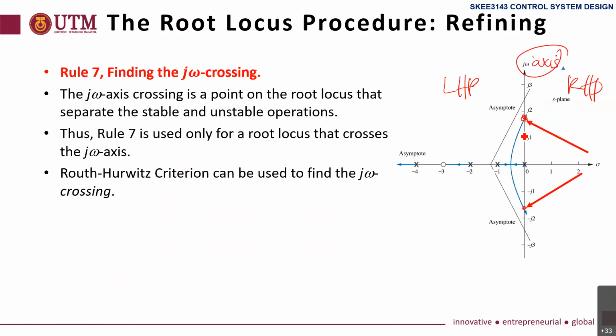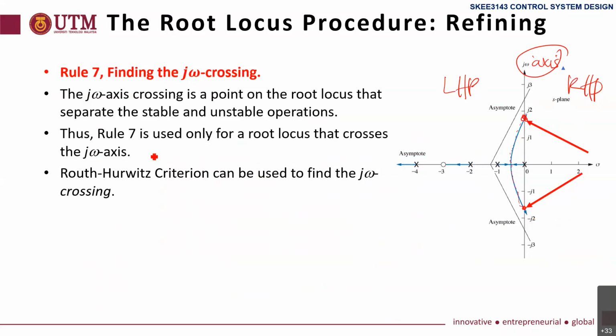Remember the blue line, which is the root locus, showing closed loop poles when K changes. At this point it crosses the j omega axis into the right half plane region, which makes the system unstable.